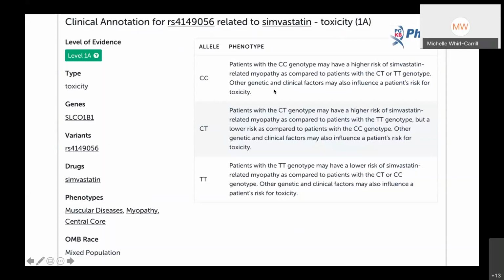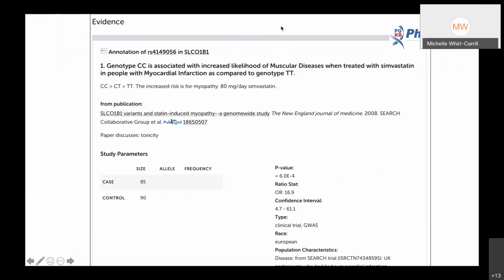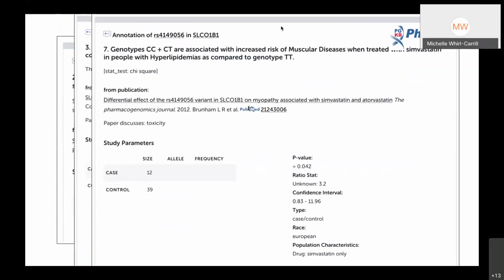These are written as genotype-based statements. But if you scroll down underneath these statements about this variant with this drug, you would see all the papers. So this is the one I think I just showed you, but we have many, many others papers that were annotated about the same association in PharmGKB.